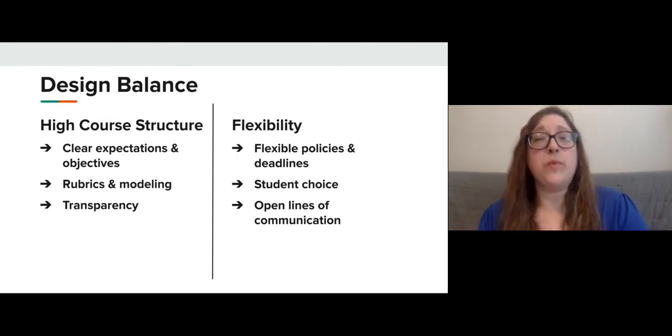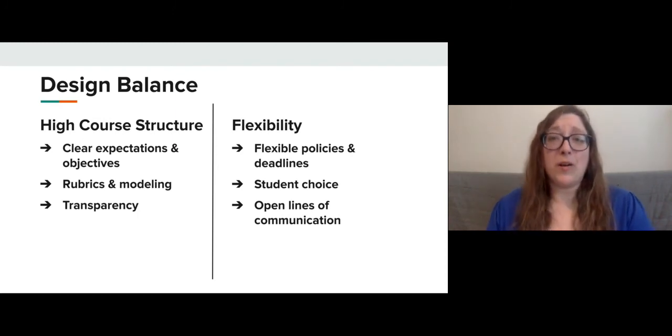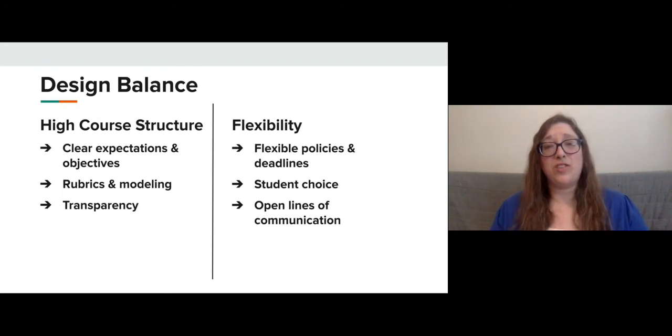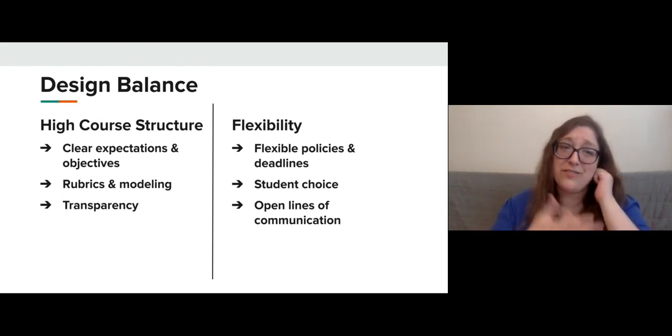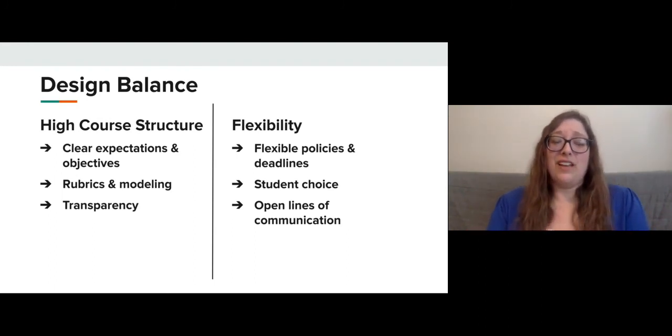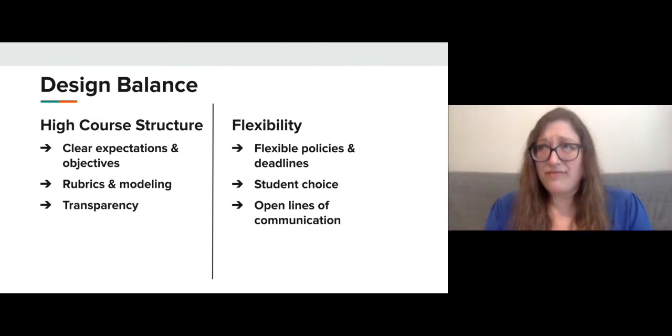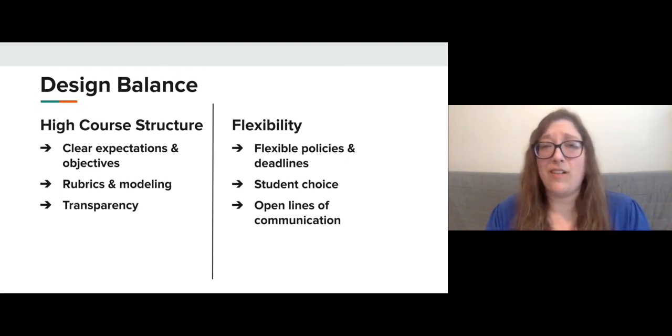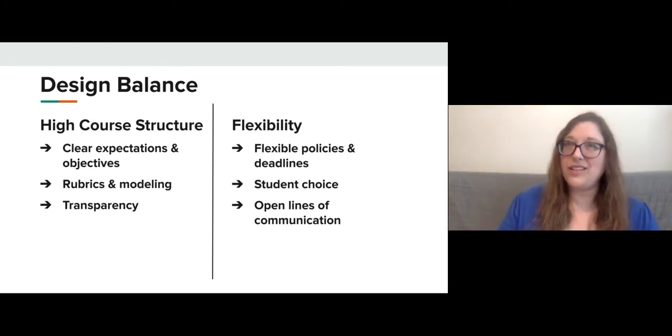I think flexible policies and deadlines is probably something we all thought about this past year in the pandemic environment. But one of the things we really have to do is make those things really clear and transparent to our students. So if your syllabus says that you'll take a half point off for every day a paper is late, but then you don't actually do that.